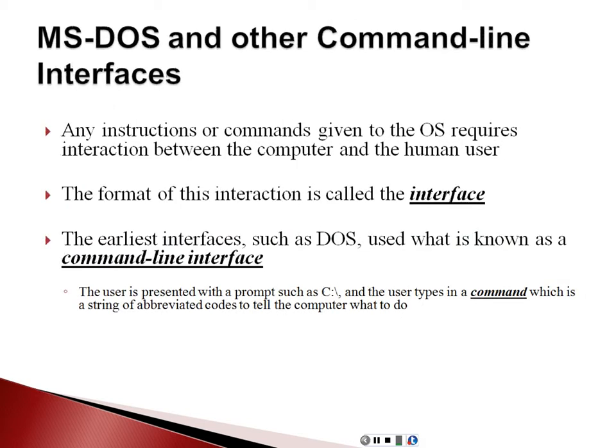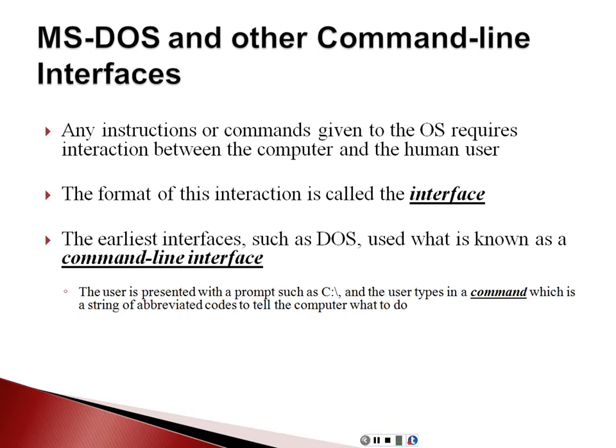Now, MS-DOS and other command line interfaces are operating systems in which you have to type in instructions or give commands to the operating system in order for it to work. So this is called an interface. How does the human interact with the actual operating system or computer?